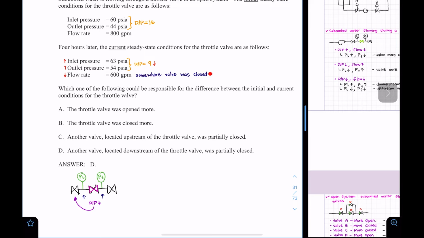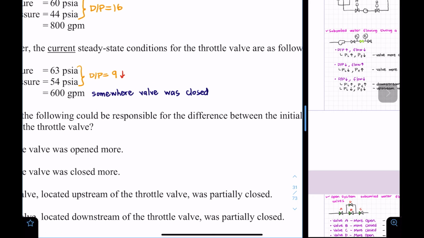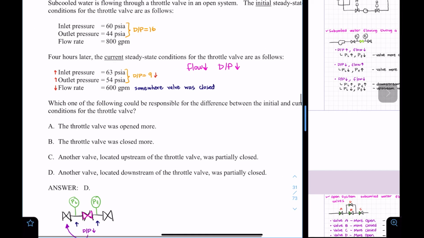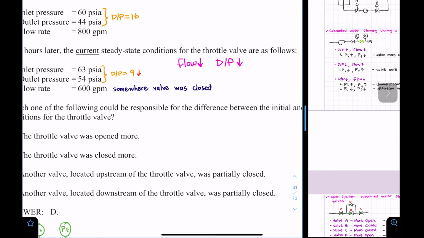I just need to figure out where. Okay, so I got my flow decrease, my differential pressure decrease, right? Then I have that my pressure in and pressure out both increase.